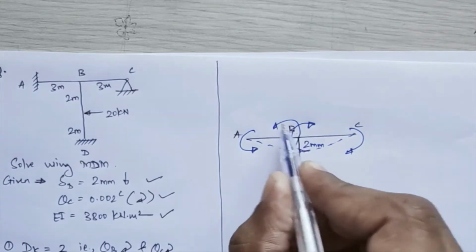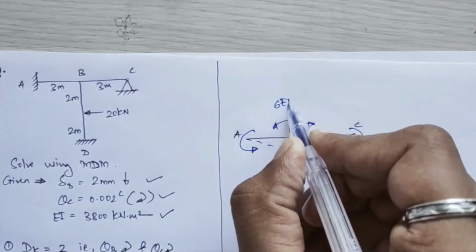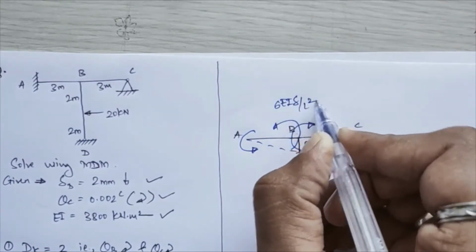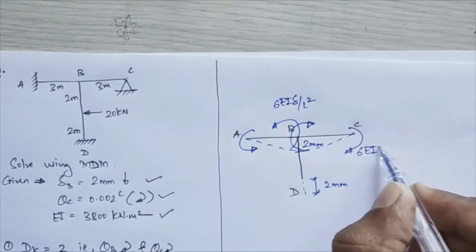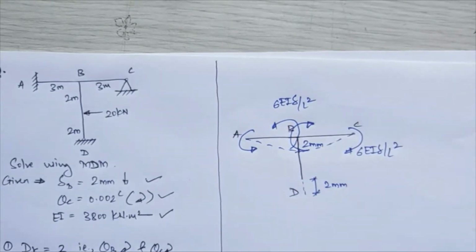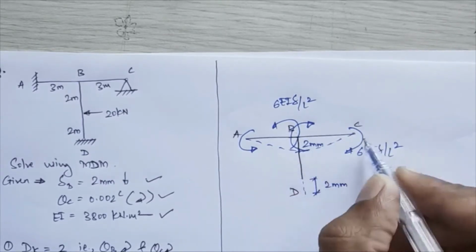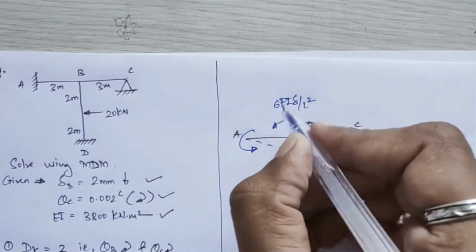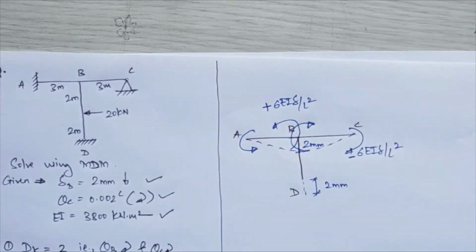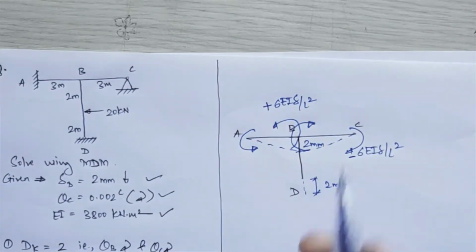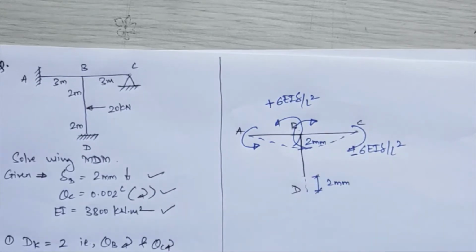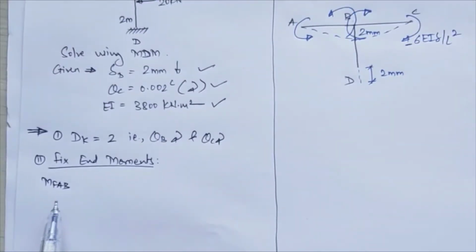Depending on this, how much do we get? We get 6EIδ upon L square and 6EIδ upon L square. We treat the opposite sign convention for this. This is clockwise for member BC, so that will be treated as negative, and this is anti-clockwise for member AB, so that will be treated as positive. So these will be our fixed end moments at the AB member.